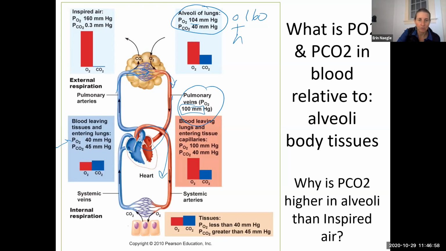Your tissues have a lower oxygen level, usually less than 40. Now this blood is at 100 and your tissues are at 40. What direction is oxygen going to go? Yes, Henry's law says it's going to go from high to low, through simple diffusion into your tissues.